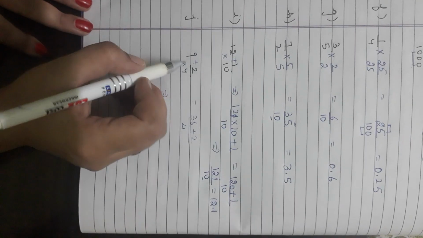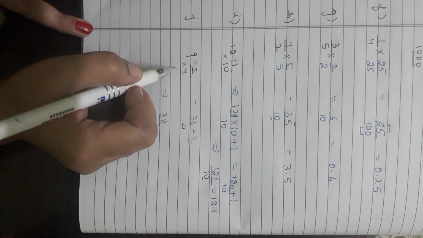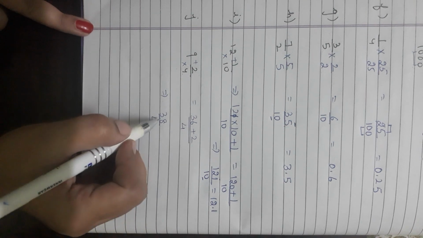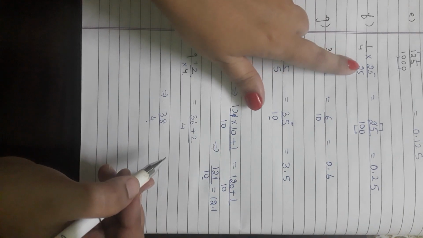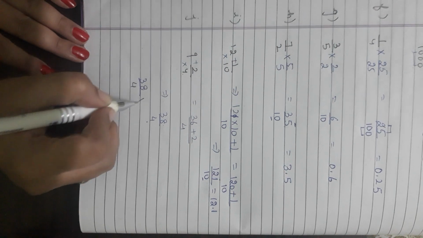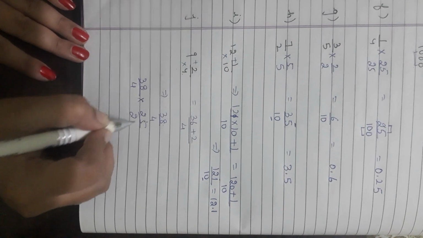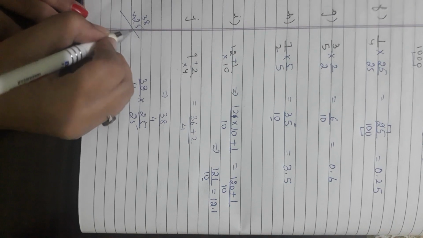Similarly, the J part, it is there 9 2 by 4. Again it is in the mixed fraction. So first of all we will convert the mixed fraction. It becomes 38 by 4. You know the 4 here also we have multiplied by 25. So 38 by 4 multiplied by 25. In the rough space you can multiply.